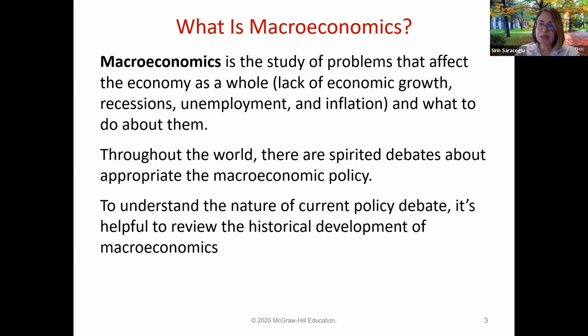There has always been debates about what should be the appropriate macroeconomic policy to remedy these problems that we mentioned, the lack of economic growth, recessions, unemployment, and inflation. So in order to understand the nature of these debates, let's have a look at briefly the historical development of macroeconomics.